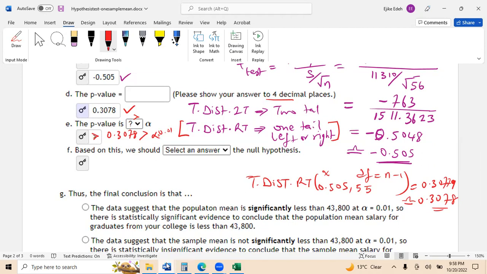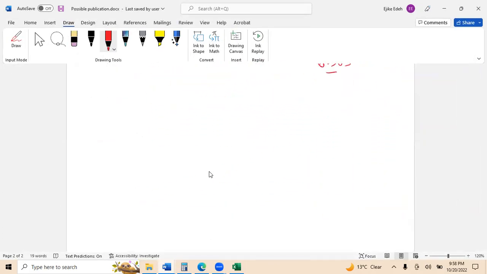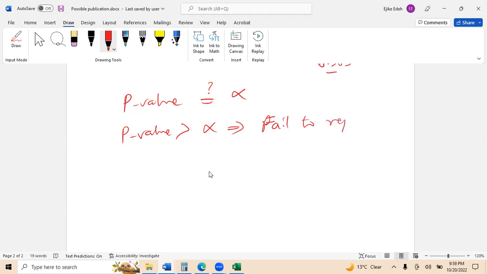Then let me show that again on the other page. And you can watch the class video to get more information on this. So for your p-value decision, when you compare p-value with alpha, if p-value is bigger than alpha, then you're going to fail to reject the null hypothesis.